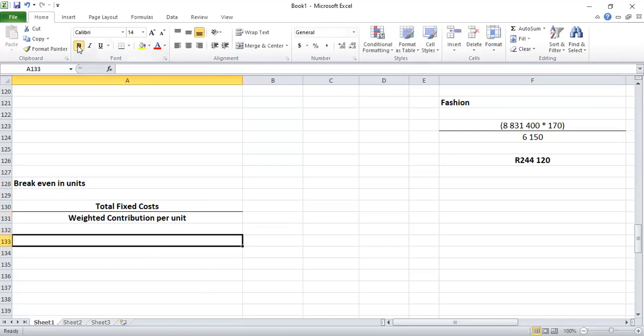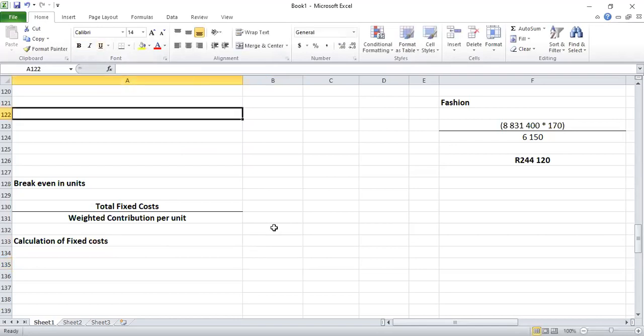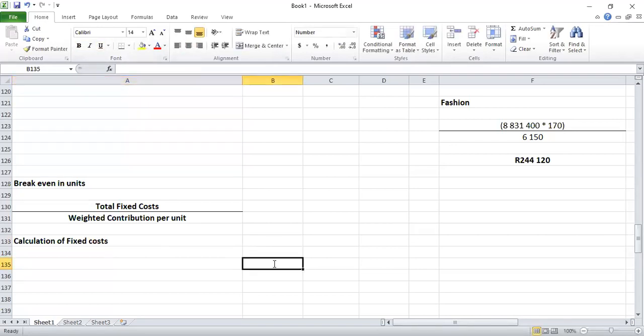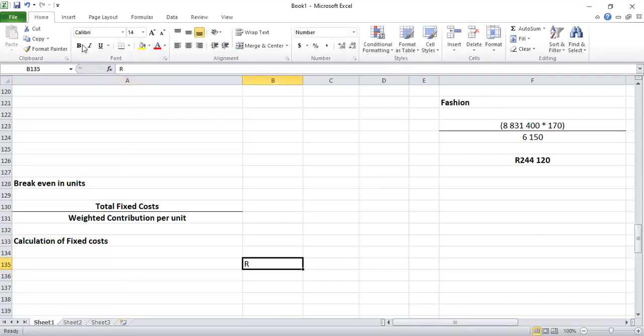So let's do the calculation of fixed costs. Yes, right, our fixed costs. We've got the fixed manufacturing overheads.